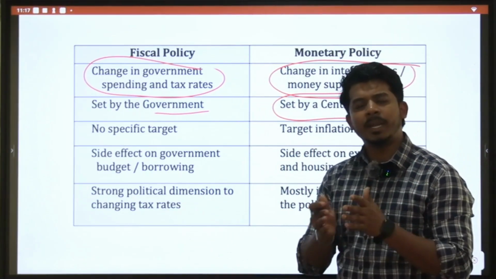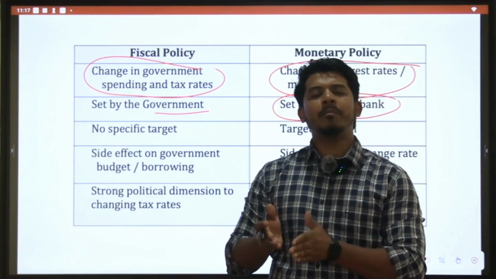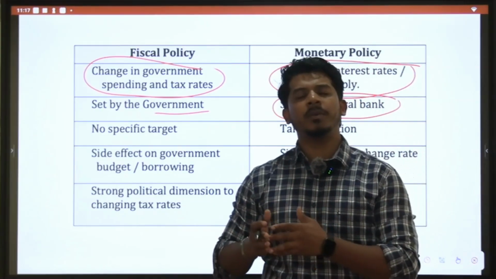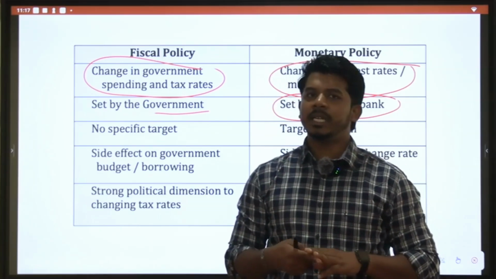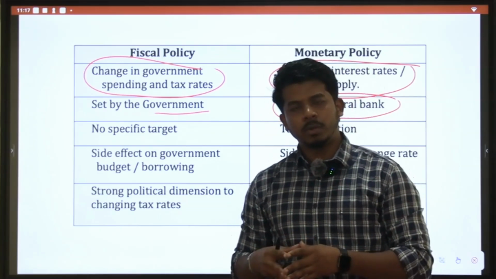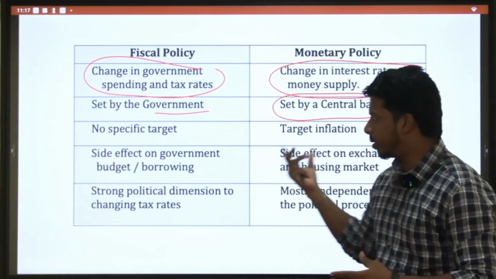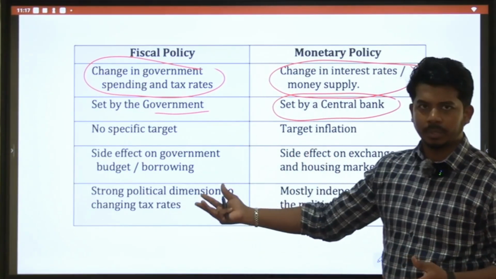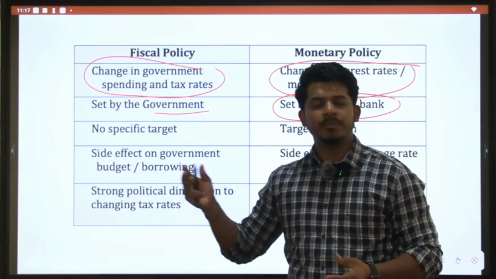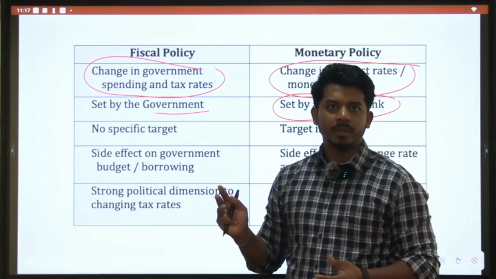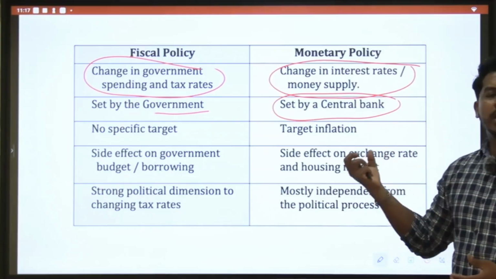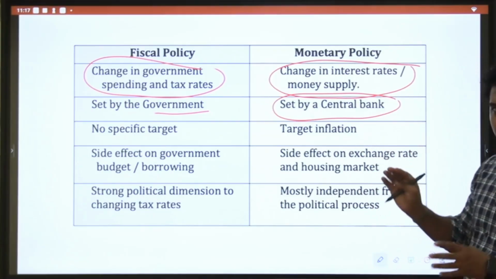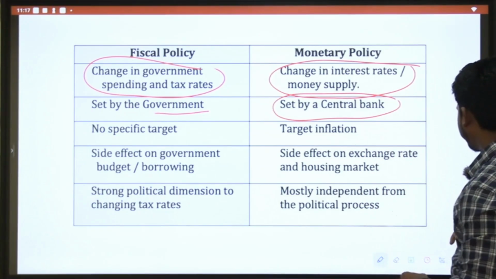Both have the same targets of stabilizing macroeconomic variables, macroeconomic fundamentals, price levels in the country, inflation, GDP growth rate, employment growth rate. So same targets but different mediums. They will use the fiscal medium, which is revenues like taxes and expenditure like capital expenditure, etc. They will use monetary policy tools. I will show you what the monetary policy tools are.